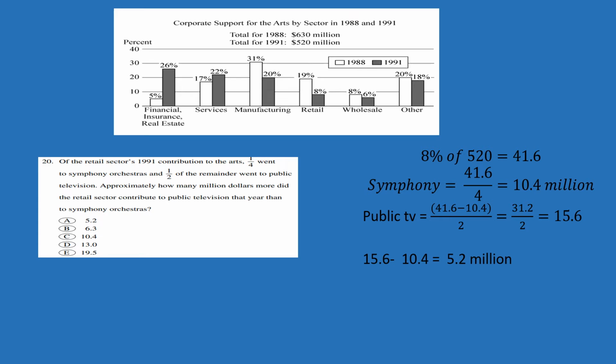So now we are trying to find approximately how many $1 million more did the retail sector contribute to public television. So we are trying to find the difference between that. That is 5.2, so that will contribute 5.2 million more to symphony. So your answer is A, which is 5.2 million.